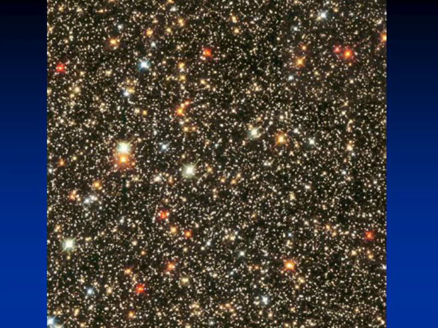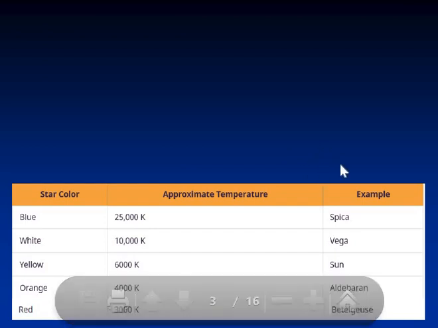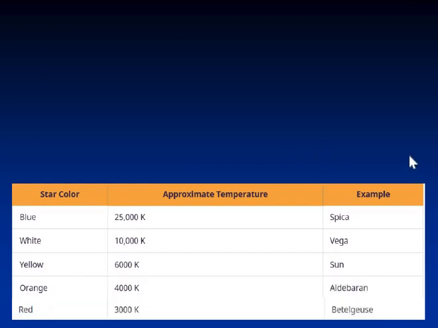Now it is important to note that from observations we have seen that the hottest stars have temperatures of over 4000 Kelvin, while the coolest have temperatures of about 2000 Kelvin.